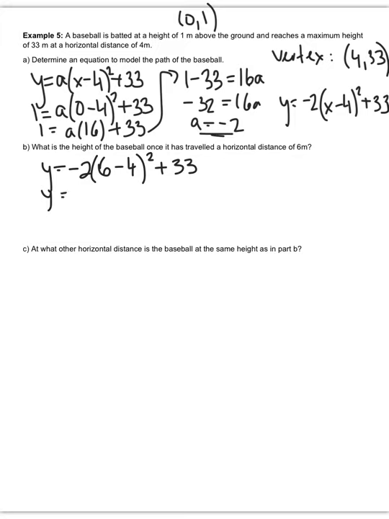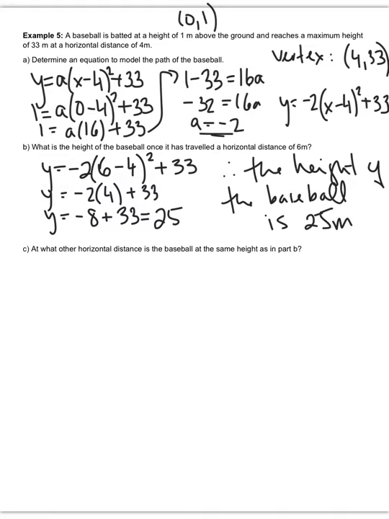Then we get negative 2 times 2 squared, which is 4. Remember your order of operations, so we get negative 8, plus 33, which is 25. So the height of the baseball, once it has traveled 6 meters, is going to be 25 meters.